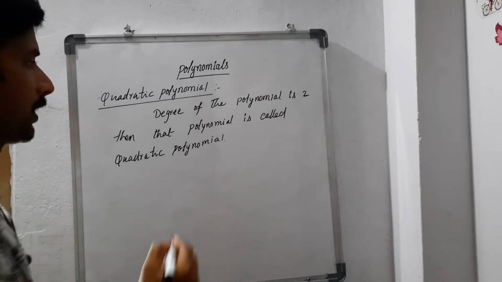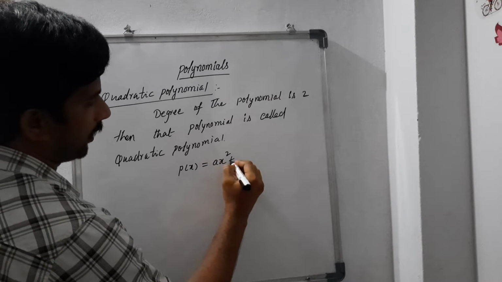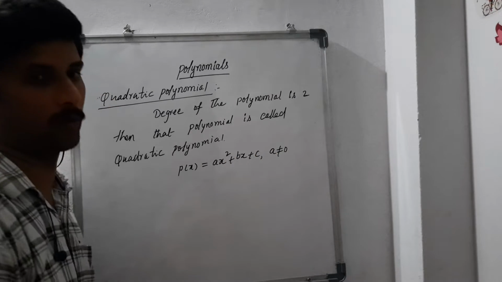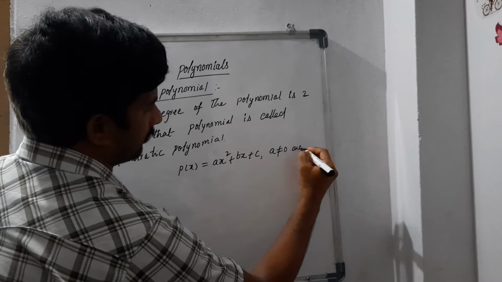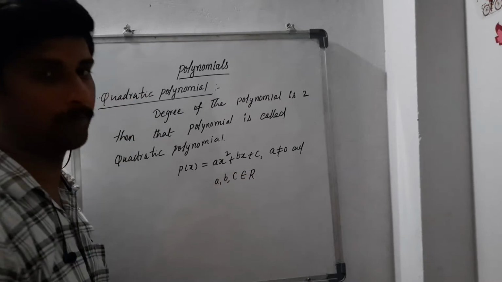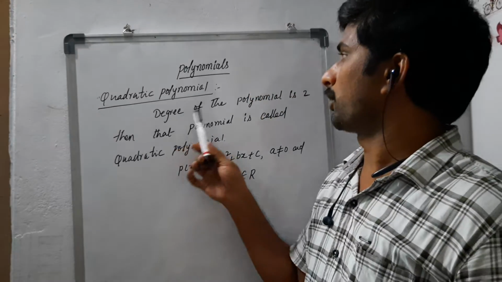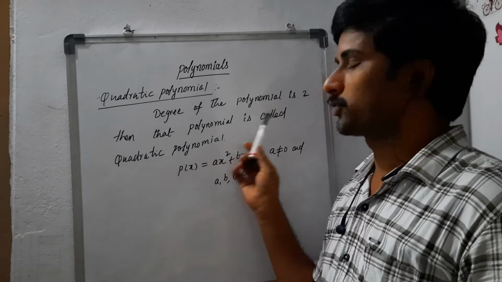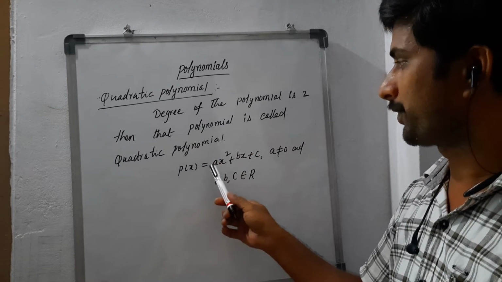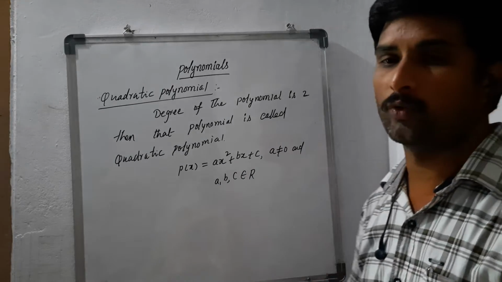The general form of a quadratic polynomial is p of x is equal to ax square plus bx plus c, where a is not equal to 0, and a, b, c belong to capital R. So this is about a quadratic polynomial. The standard form of the quadratic polynomial is p of x is equal to ax square plus bx plus c, where a is not equal to 0.